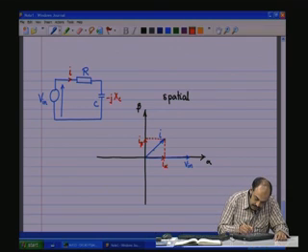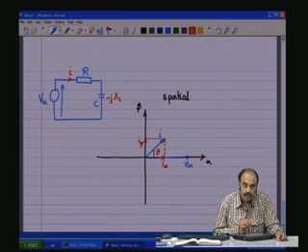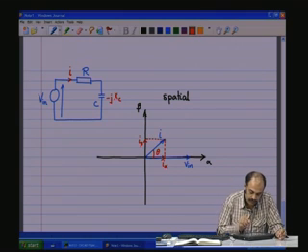Now, there is an angle theta here. What is the phase difference? What is the phase shift?